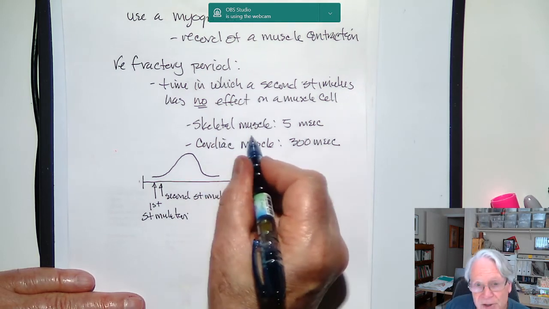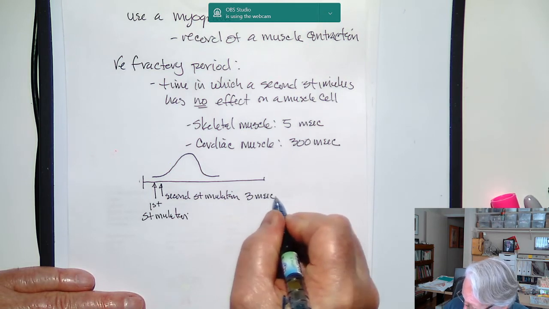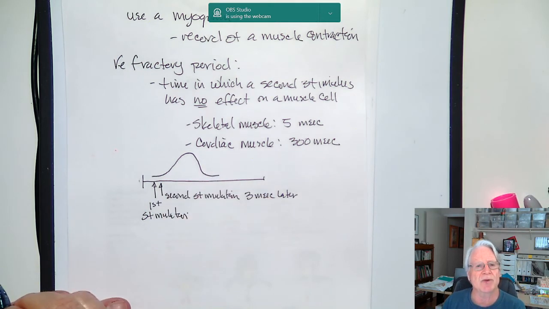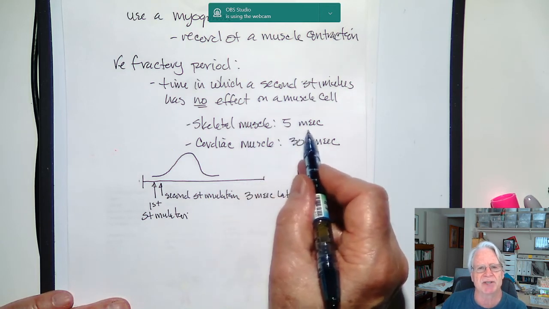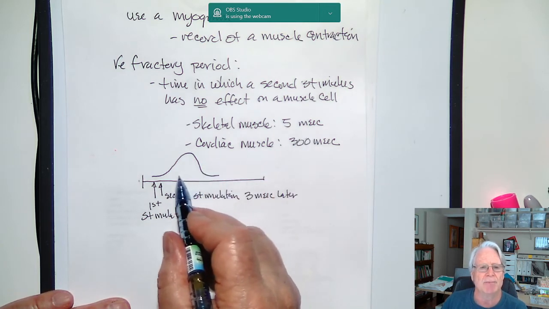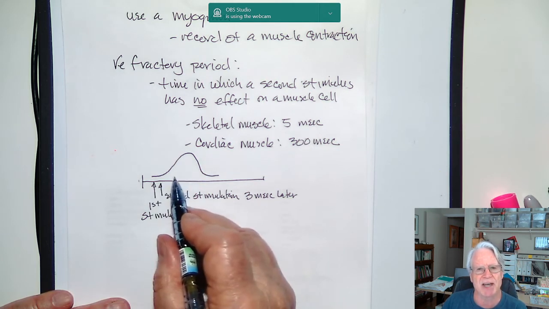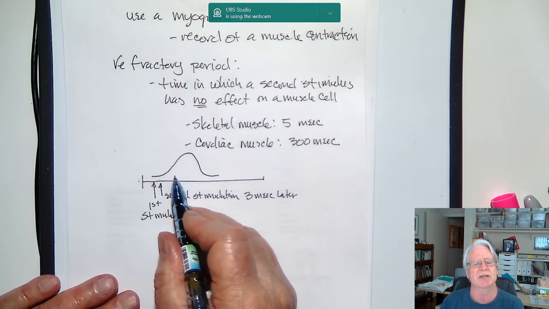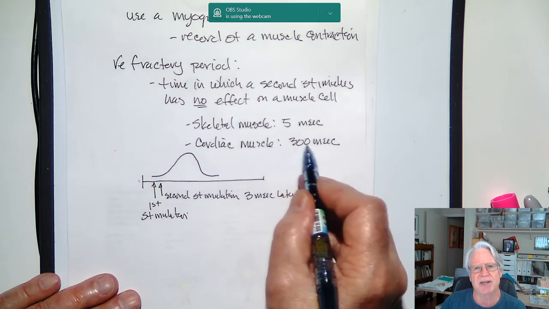And I'm going to say this is skeletal muscle, so I'm going to say it's 3 milliseconds later. Again, nothing happens. It's the same graph. There's no change in the graph. For skeletal muscle, that time limit is 5 milliseconds. So anything between 0 and 5 milliseconds, nothing happens. After 5 milliseconds, we will get a different type of response, which we'll talk about in a moment. With cardiac muscle tissue, it's 300 milliseconds, a much longer period of time.